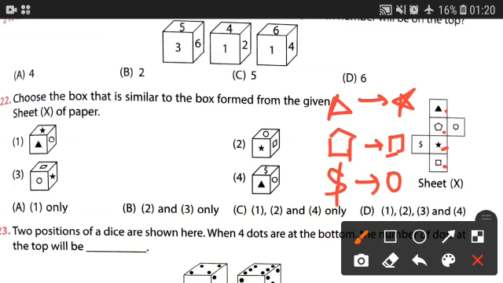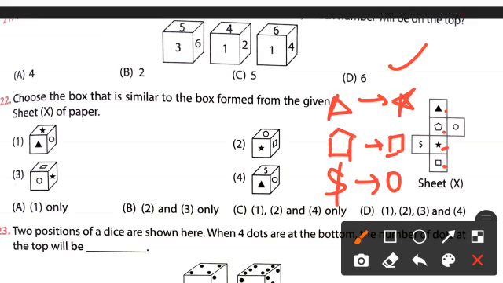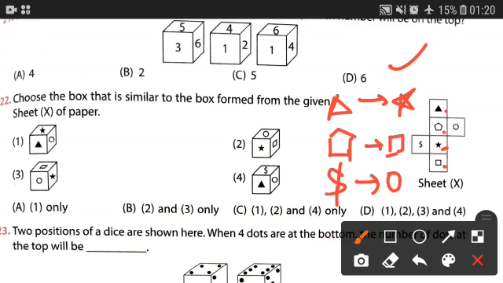Now check. Since these are opposite faces, they cannot come adjacent. Here you can check in figure 1, this star and triangle are coming adjacent. So this cannot be the possible box.